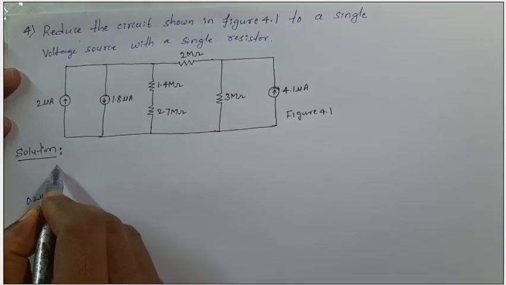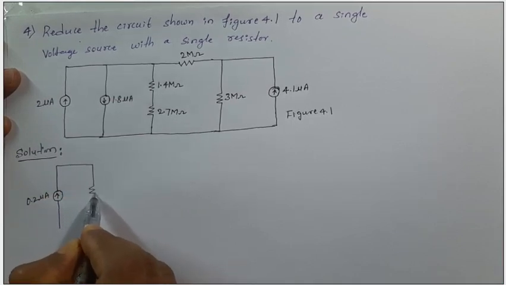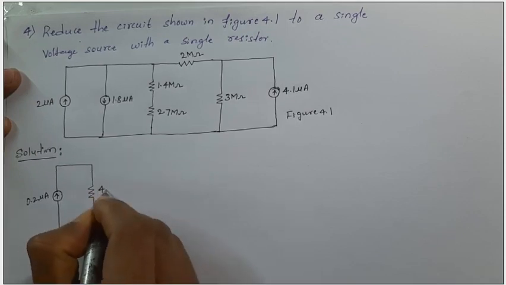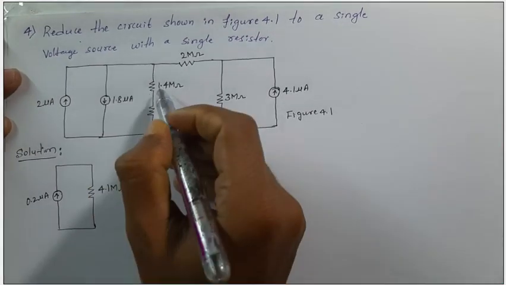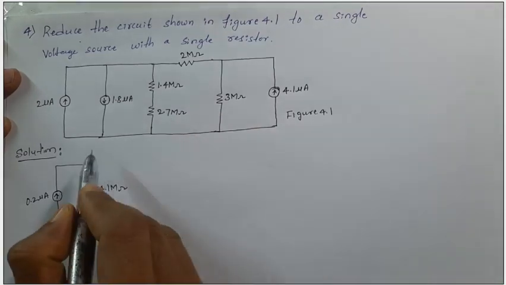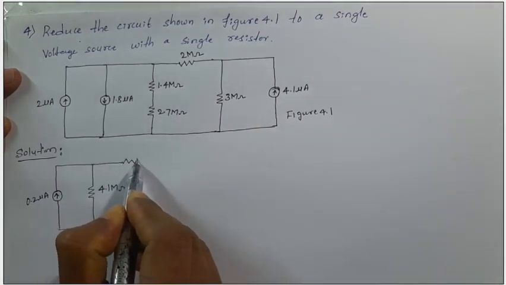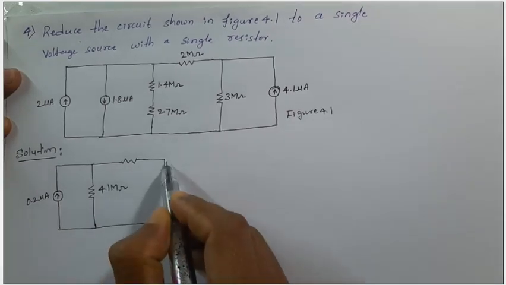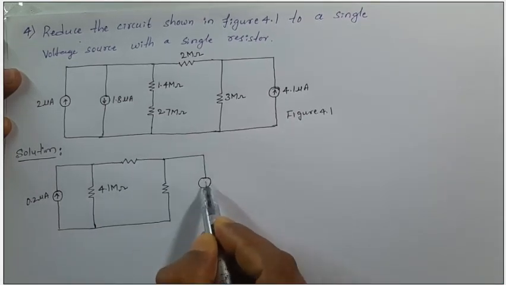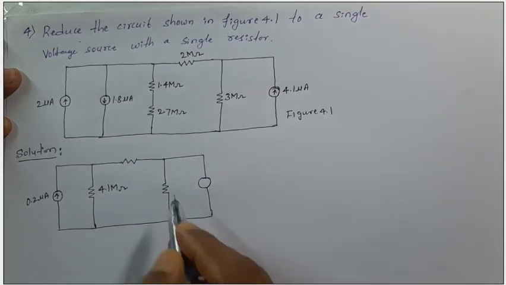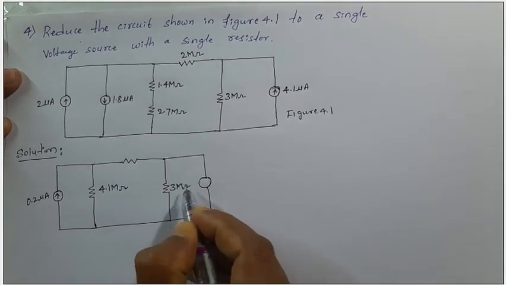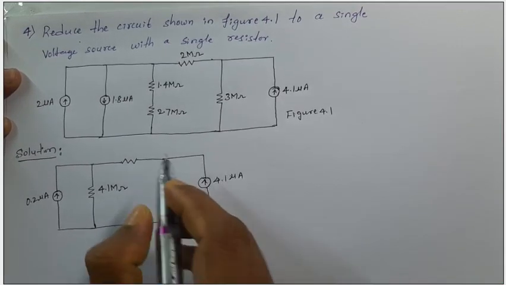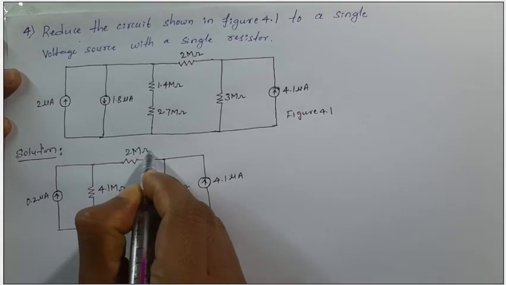Along with this, we have one resistor of value 4.1 mega ohm, 1.4 plus 2.7, and the remaining network I will draw as it is without any modification. This is 3 mega ohm and this is 4.1 microampere and this is 2 mega ohm.